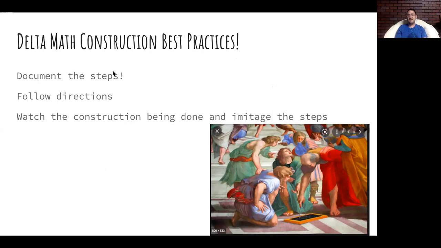Some best practices with constructions are, one, you need to be documenting the steps, and it is expected that you do not know how to do a construction immediately, but you will need to watch the Delta Math video and imitate the steps.